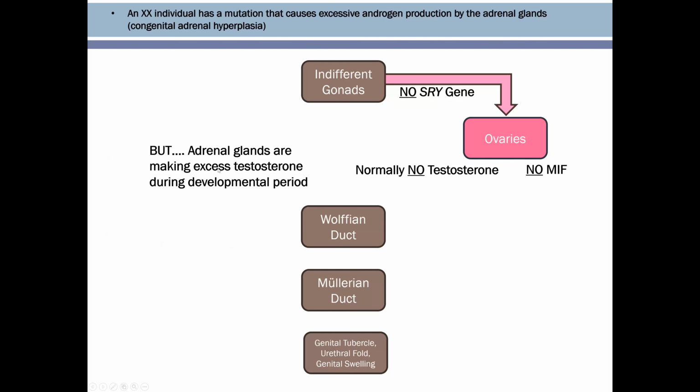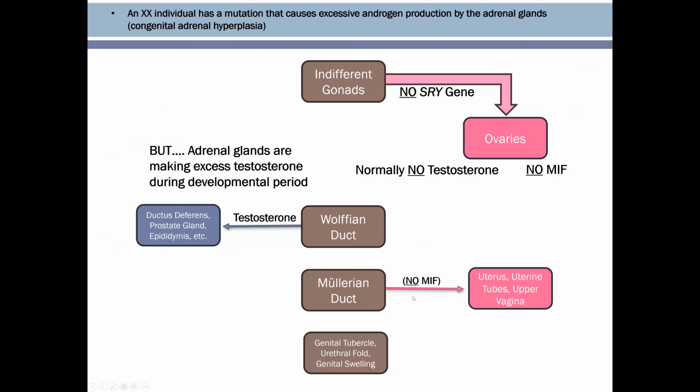With the presence of this testosterone, the Wolffian duct will develop into the ductus deferens, the prostate gland, the epididymis, and other internal structures. I still don't have any Mullerian inhibiting factor, because it is made by the testes, and I don't have any testes. So the Mullerian duct will also develop into the uterus, uterine tubes, and the upper vagina.